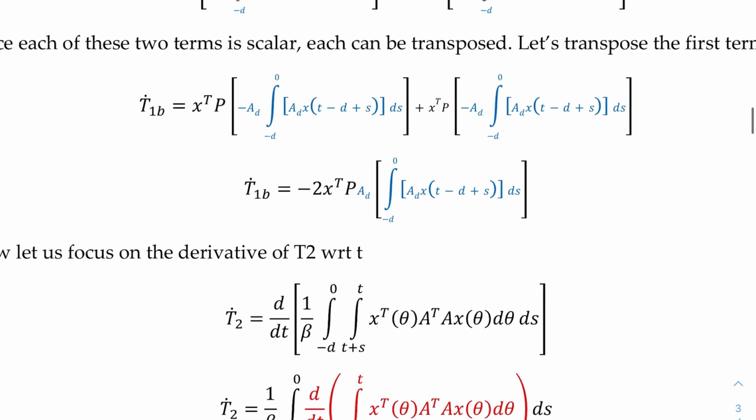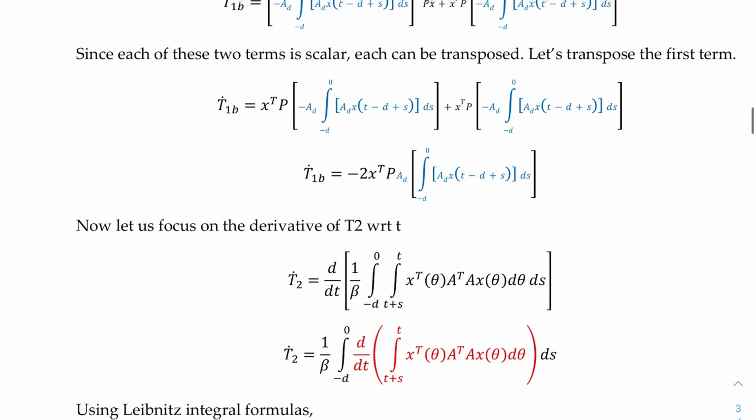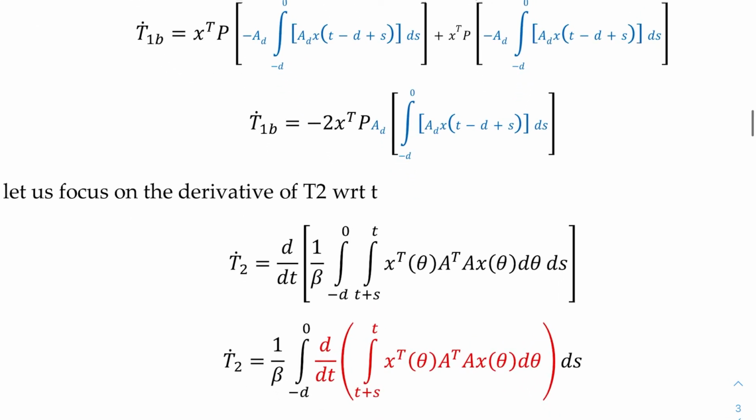So far, V equals t1 plus t2 plus t3, and we need to find V dot. First t1 dot, we are done with this term, and now we are going to focus on the t2 term, and after that t3.